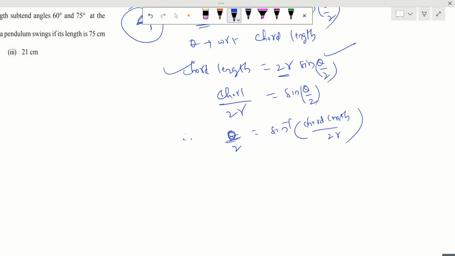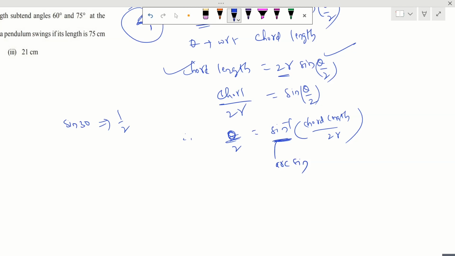So sine theta by 2, theta by 2 is equal to sine inverse. Sine inverse we can call the arc sine. What is the sine inverse? We know that sine 30 value is 1 by 2.